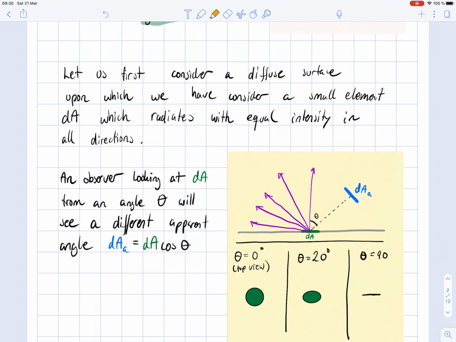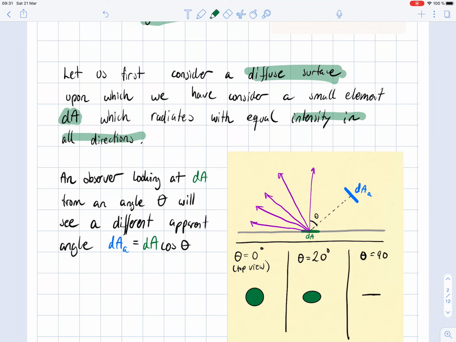So we will consider diffuse reflection. The theory that we will develop in this lecture will not work very well for polished surfaces, so take note of that. So we'll do this for diffuse surfaces. And on this diffuse surface, we assume that we have a small element, dA, so this is a small area, and this area will radiate with equal intensity in all directions.